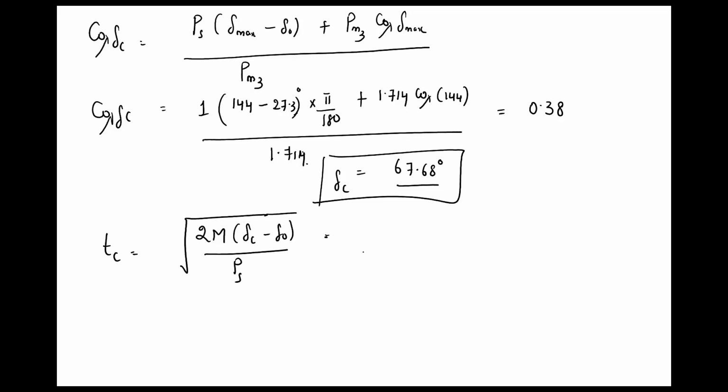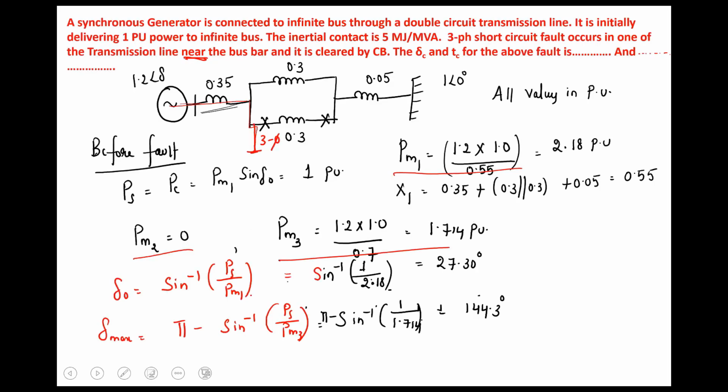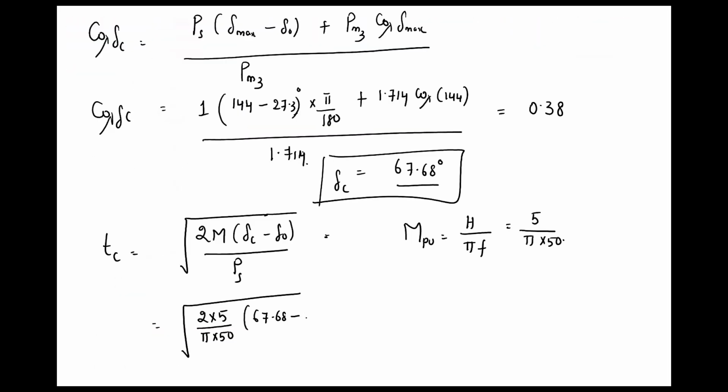So first you have to calculate M per unit value. M per unit is equals to H by pi f. H value is 5, f is 50, and these values also you have to substitute in radians. So you are going to get 2 into 5 divided by pi into 50 into 67.68 minus 27.3.